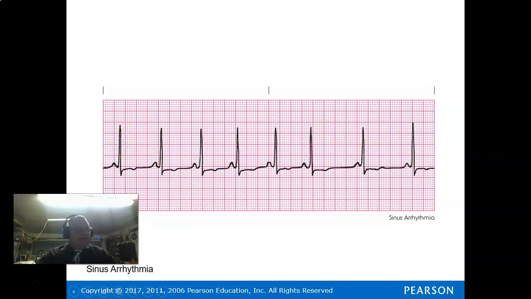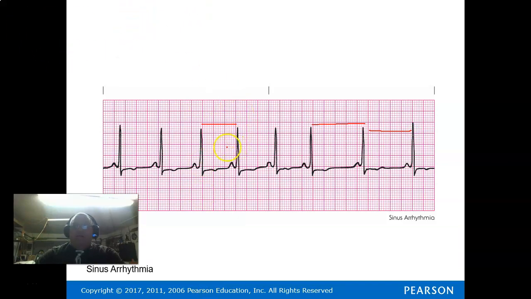No, wait just a second. It's not. So if I look at the R to R interval from here to here, sorry, let me get my mouse pointer. The R to R interval, okay, but this one, yeah, this one's really long, and as a matter of fact, this one's really long. So again, there's irregularity to it.